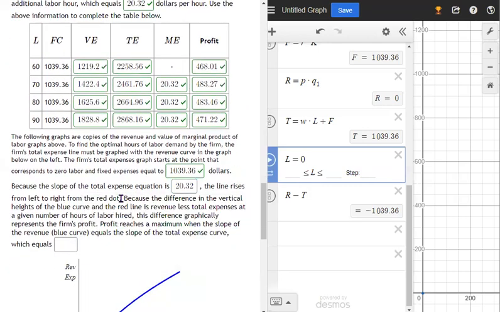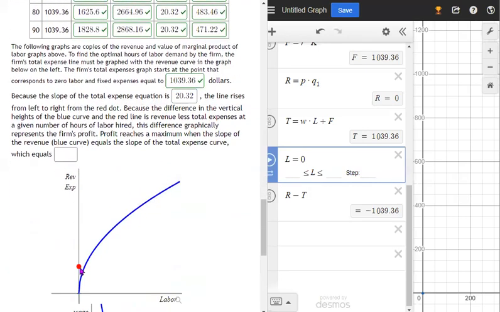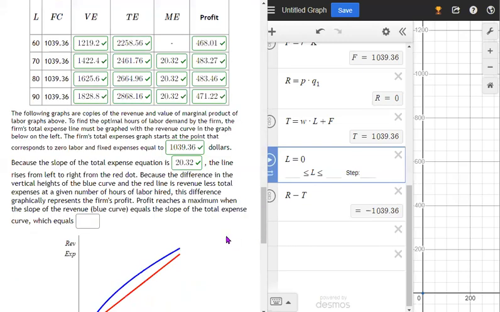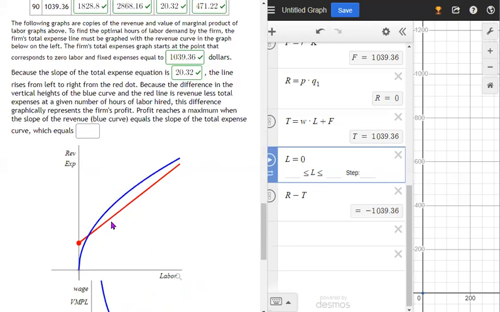The line rises from left to right from this red dot. It rises because the slope is positive, right? See my line here? It rises.